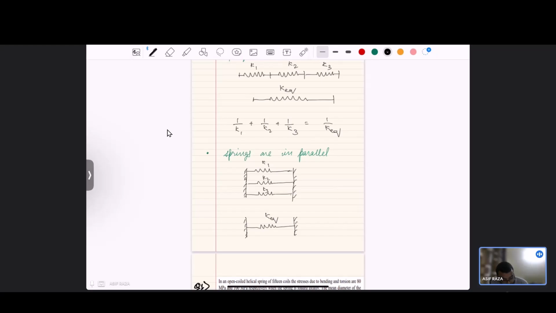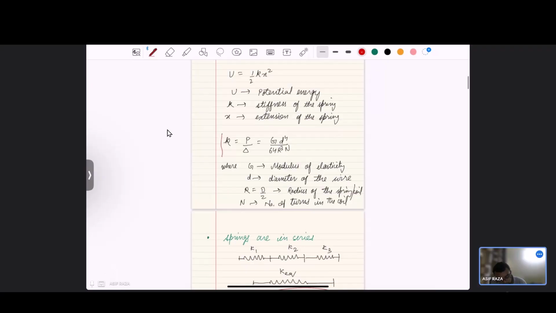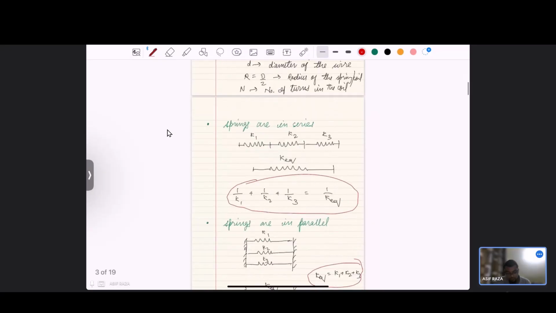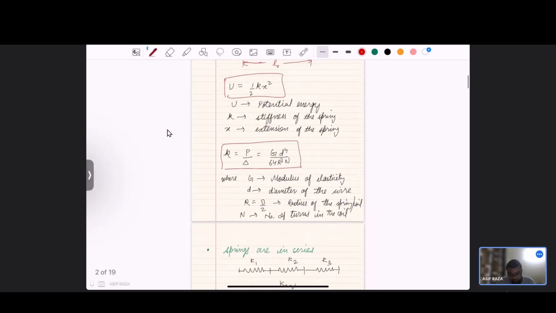This K equivalent would be equal to K1 plus K2 plus K3. Springs act like capacitors in connections, I mean to say. Yeah, so this is what I wanted to say.